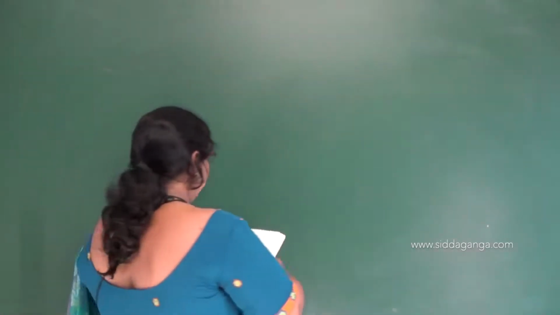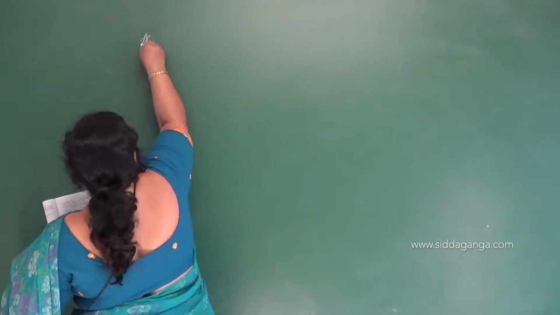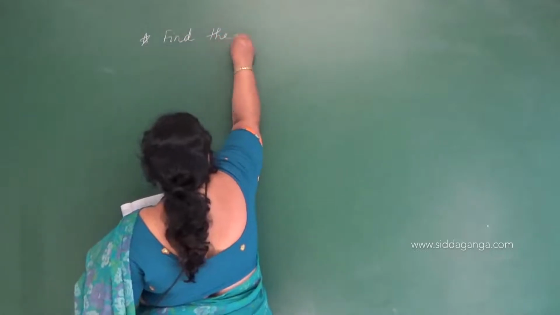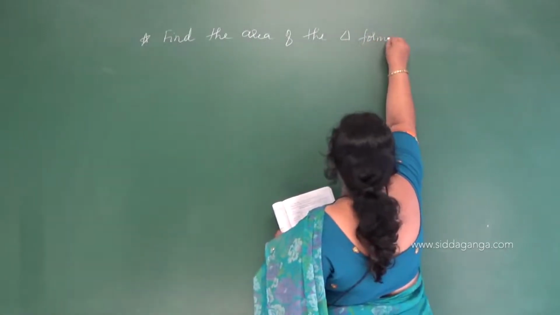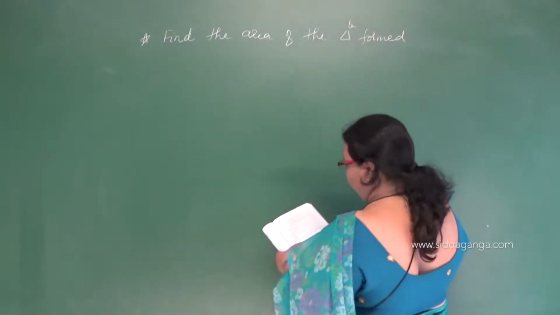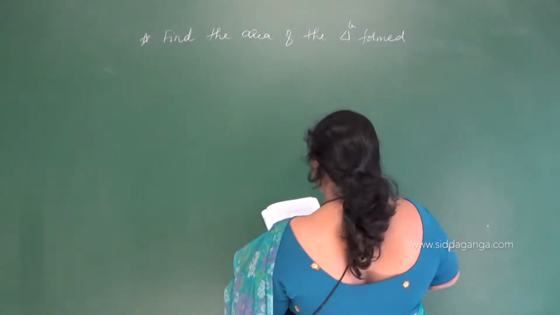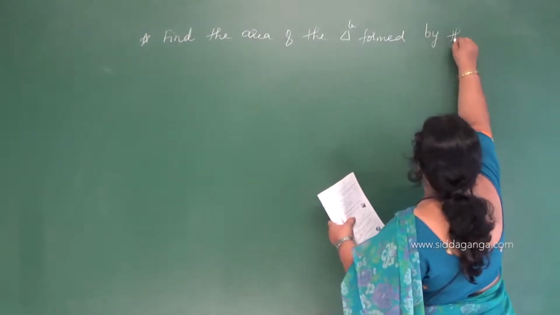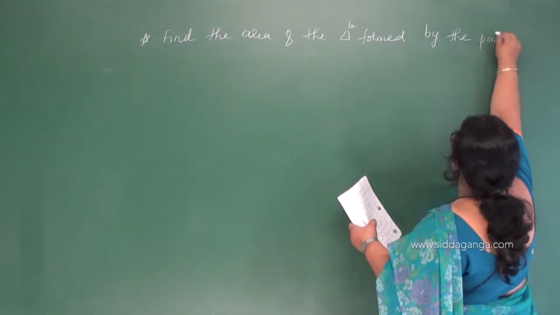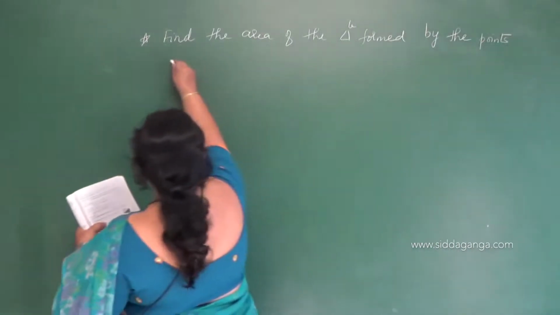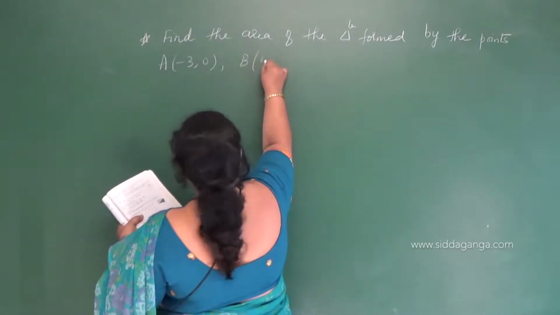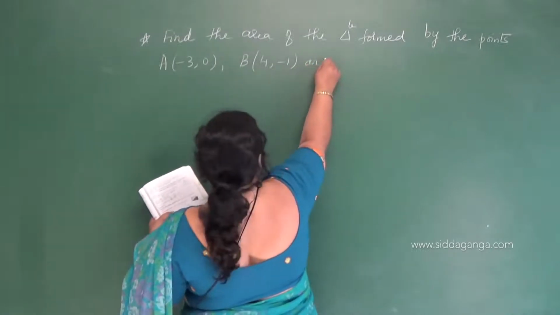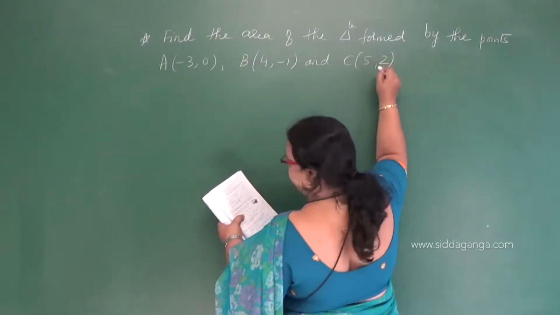So here is an example, where two questions are combined. We have to find the area of the triangle formed by the points A, the first vertex minus 3, 0, the second vertex 4, minus 1, and the third vertex 5, 2.